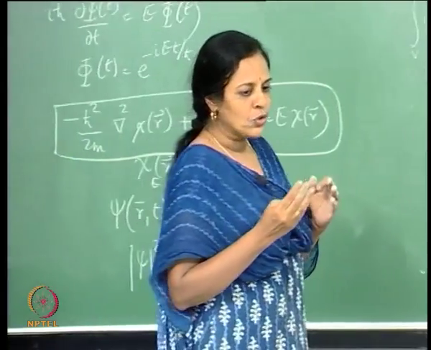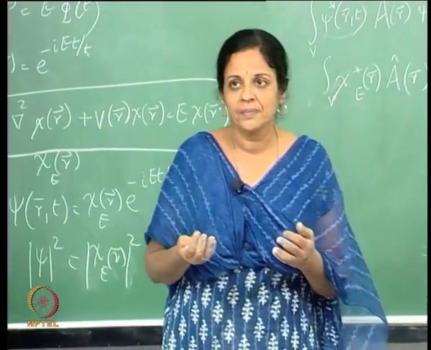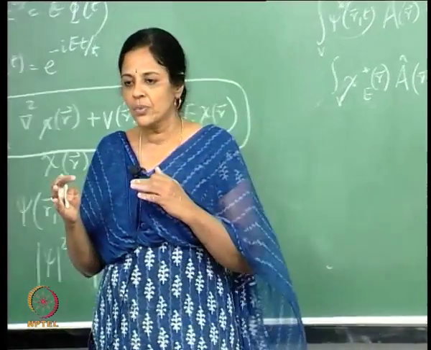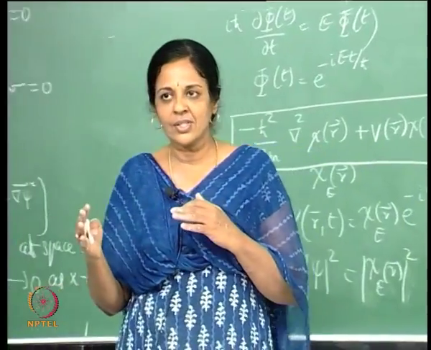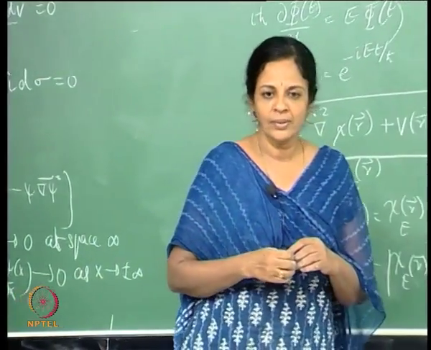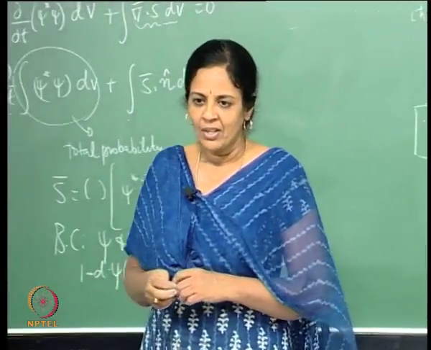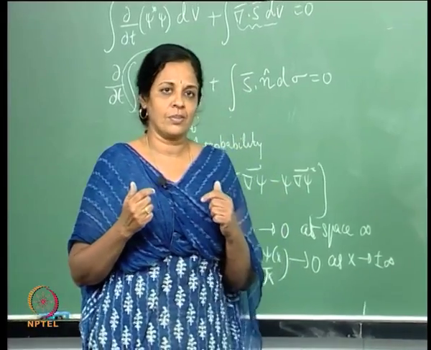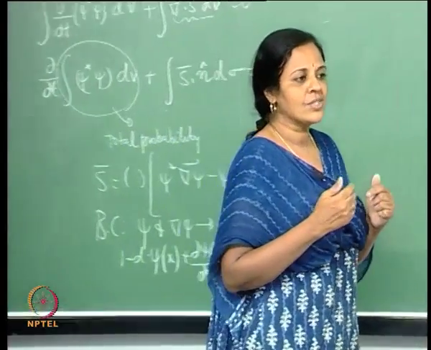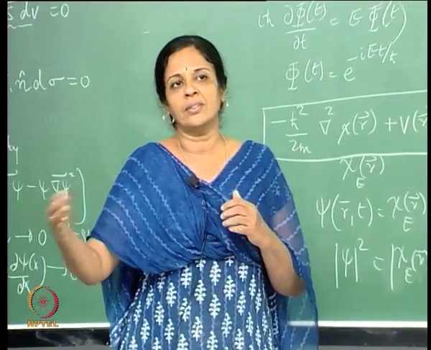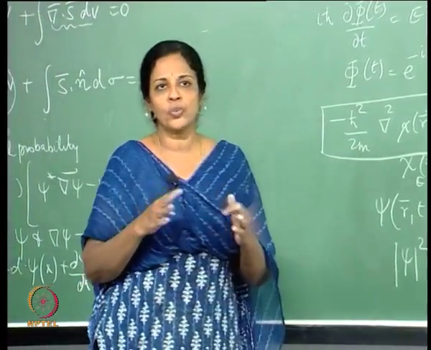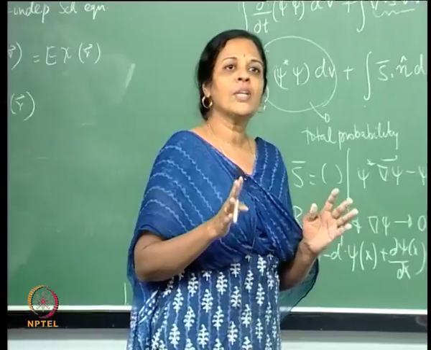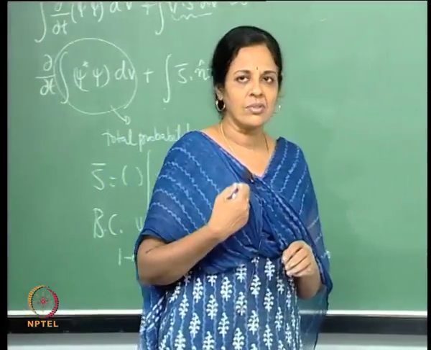You would really like to choose as your basis states in the linear vector space, states which are the complete set of common eigenstates of all the constants of the motion corresponding to that situation. Energy is certainly a constant of the motion because we are looking at conservative systems, and therefore we will look at eigenstates of the Hamiltonian and any other observable which commutes with the Hamiltonian, in other words which is also a constant of the motion. So in general we are looking at energy eigenstates for this reason.